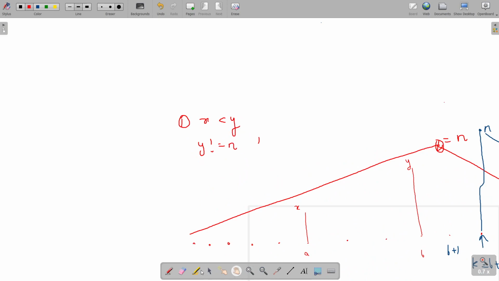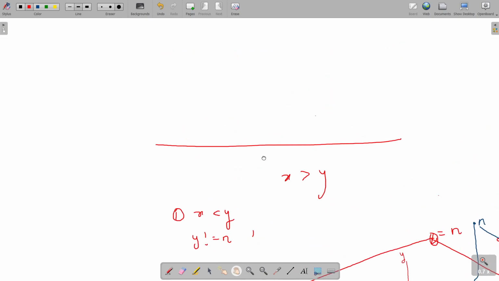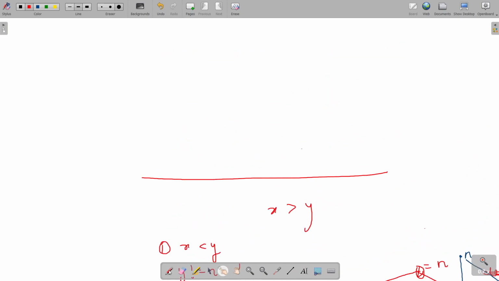If x is greater than y, now suppose you had x here and you had y here, right? Here also you have two choices.